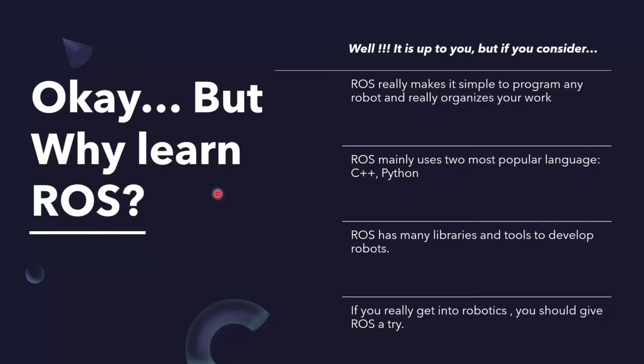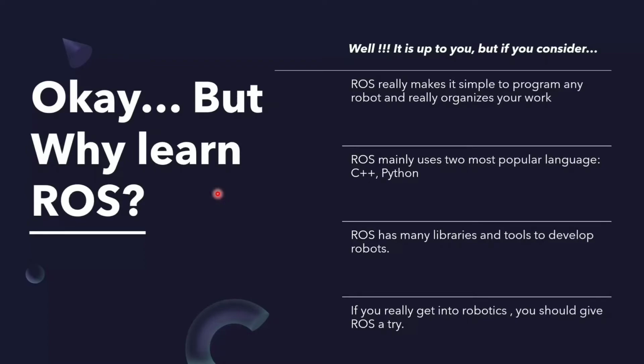Okay, so why should we learn ROS? Basically, it's up to you whether you want to learn it or not. But from my perspective, ROS really makes it simple to program and organize your robot developing software. Actually, if you want to develop software for a robot, ROS is your place.